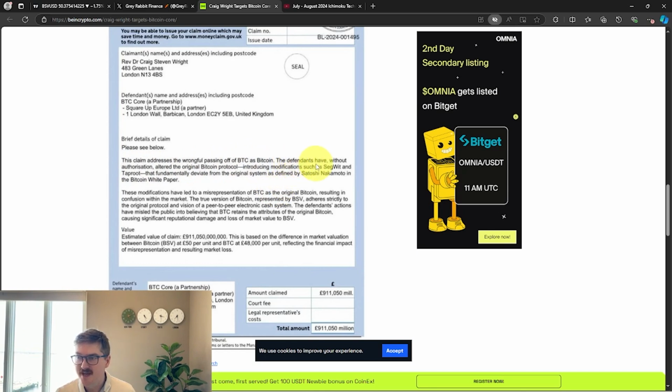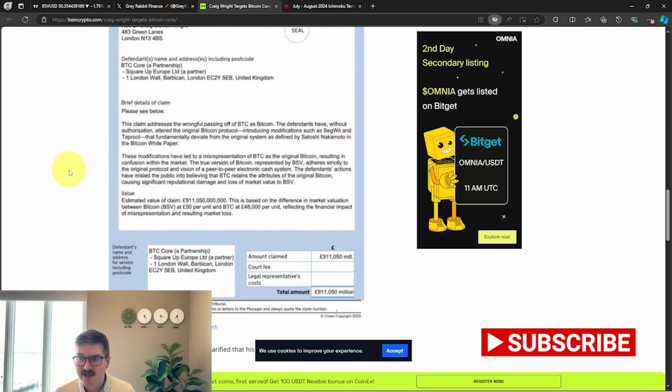The defendants have, without authorization, altered the original Bitcoin protocol, introducing modifications such as SegWit and Taproot that fundamentally deviate from the original system as defined by Satoshi Nakamoto in the Bitcoin white paper. These modifications have led to a misrepresentation of Bitcoin as the original Bitcoin, resulting in confusion within the market.